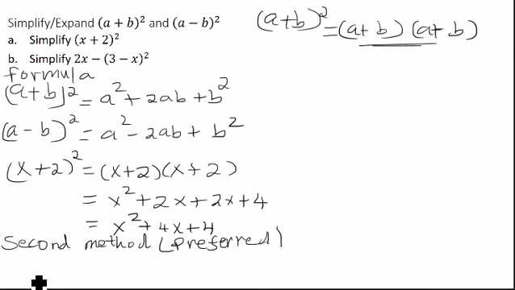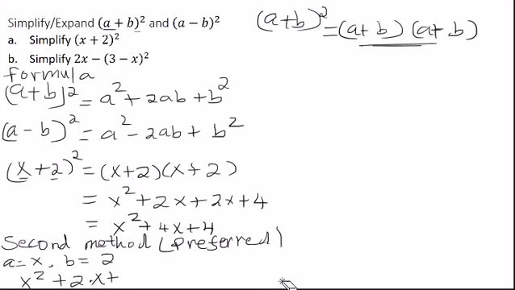If we compare (x plus 2) squared with (a plus b) squared, we can identify a as x and b as 2, because the first term you can think of as a, and the second term as b. The formula is a squared plus 2ab plus b squared, so it's going to be x squared plus 2 times x times 2, plus 2 squared.